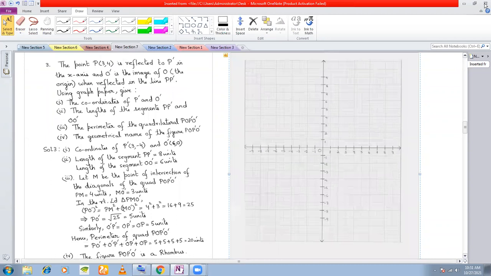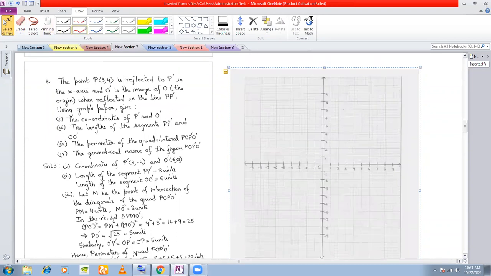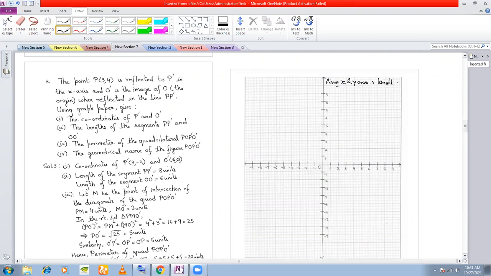Once we have drawn the scale in the graph, you write the scale here: 5 divisions is equal to 1 unit, that means 0.2 unit.